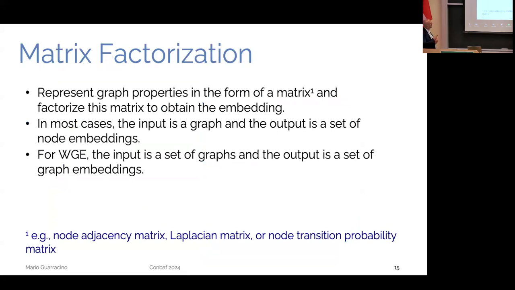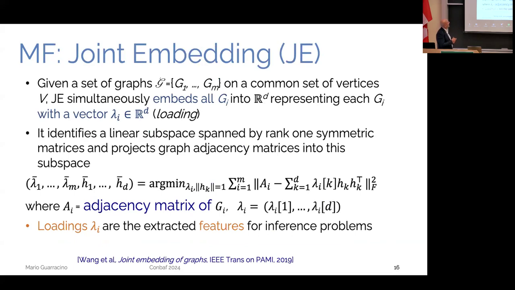With respect to the matrix factorization cases, we want to represent the graph. What we can use, for example, is the adjacency matrix to represent each of those graphs. We want to obtain the embedding starting from those representations.